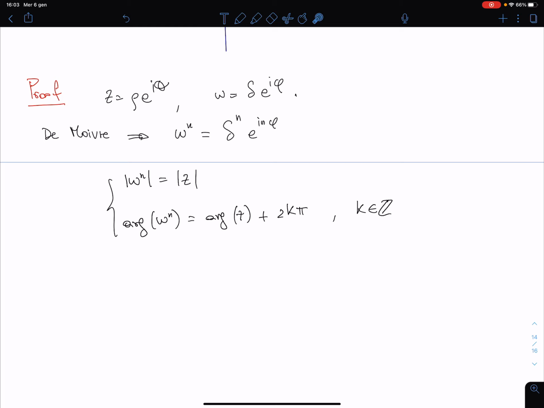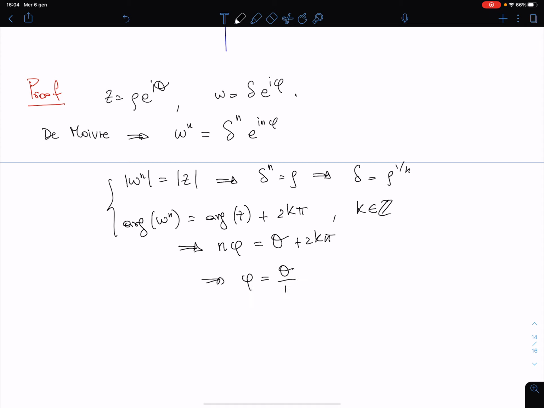Of course, this has to be contained in the interval 0 to 2 pi, and so the first equation tells you that delta to the n is equal to rho, so delta is equal to rho to the power 1 over n, and the argument tells the following, that n phi is equal to theta plus 2k pi, so phi must be equal to theta over n plus 2k over n pi.